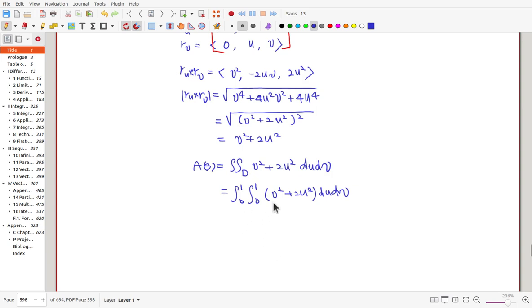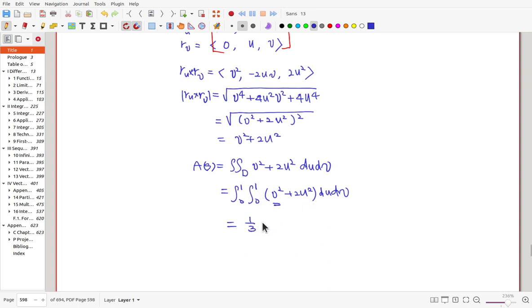For v squared, in the v integration there's no u, so the v integration will make 1/3 v cubed, and evaluating from 0 to 1, that will make 1/3.